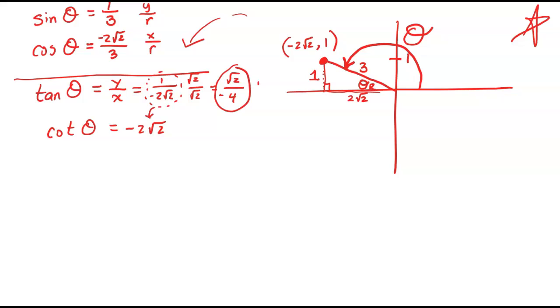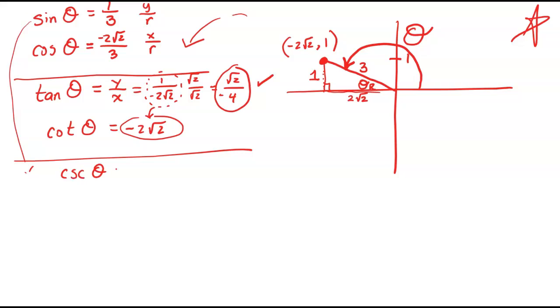Okay, so we found tangent. We found cotangent. Sine, I'm going to find cosecant of theta. Reciprocal of 1/3 is 3. Check. Done. And then I'm going to find the reciprocal of cosine, which is secant. Reciprocal, 3 over negative 2 root 2.